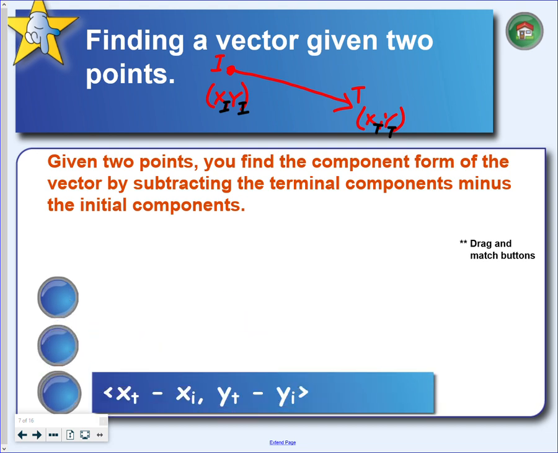In other words, you're going to do x sub t minus x sub I, which is going to be your x component. Y sub t minus y sub I is going to be your y component. Okay. Here we're not doing the y over the x. All we're doing is finding what the resultant would be for each of those two, for the x pieces and for the y pieces.